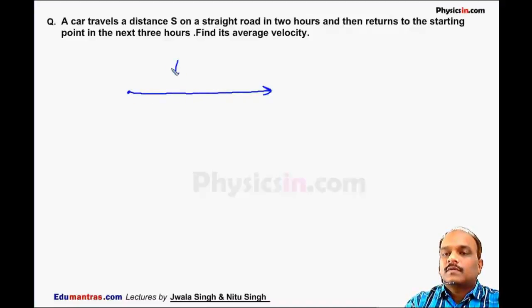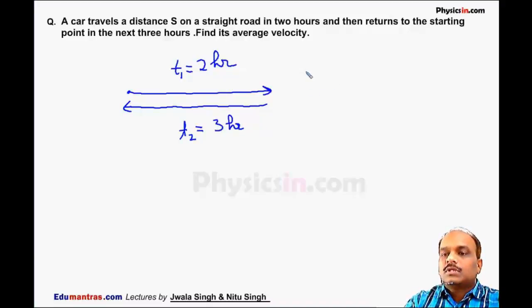Suppose this car starts moving in this direction. It travels for 2 hours, and from here it goes back to its starting point in the next time t2, which is equal to 3 hours. So the total time taken by the car is t1 plus t2, which is equal to 5 hours.